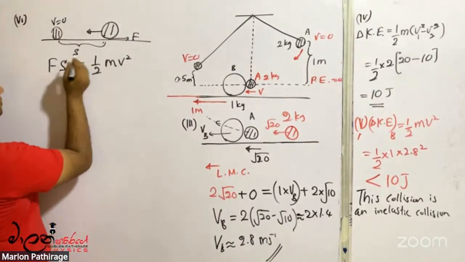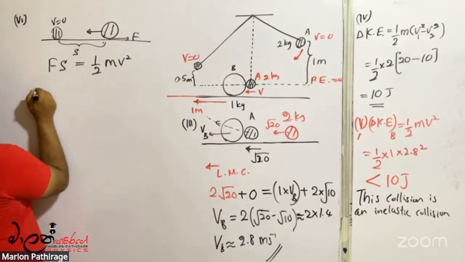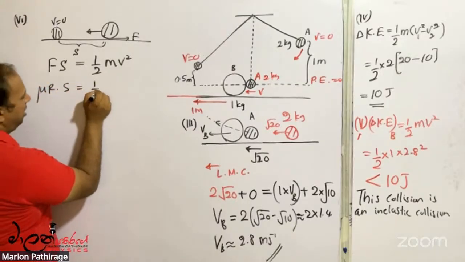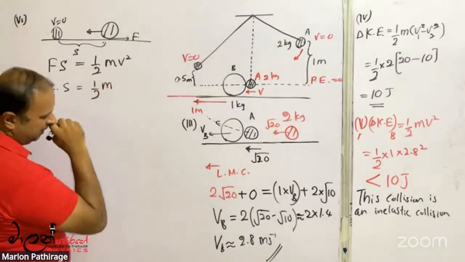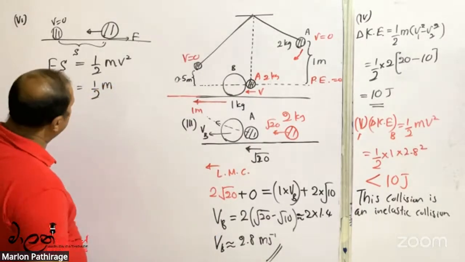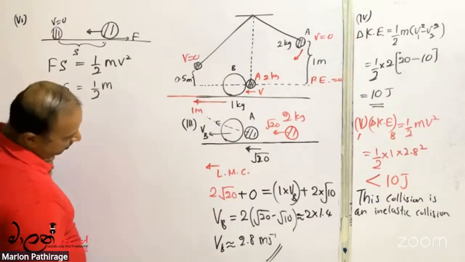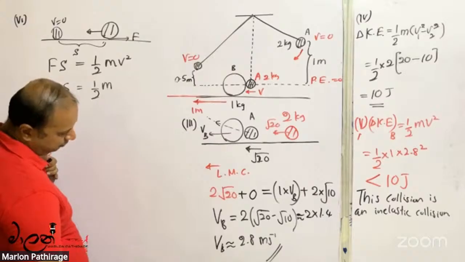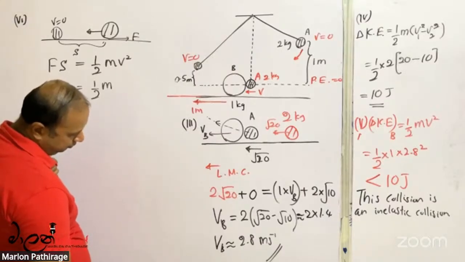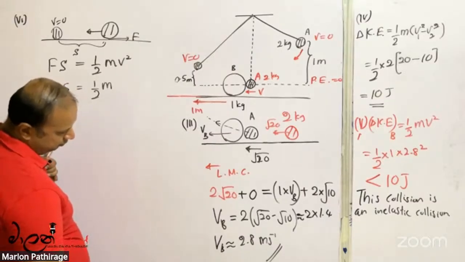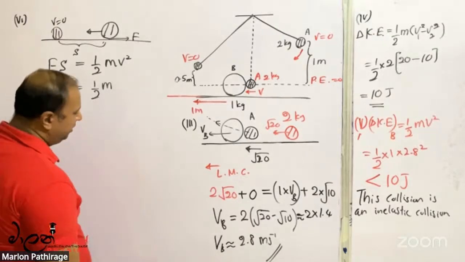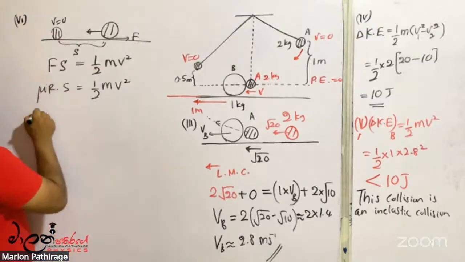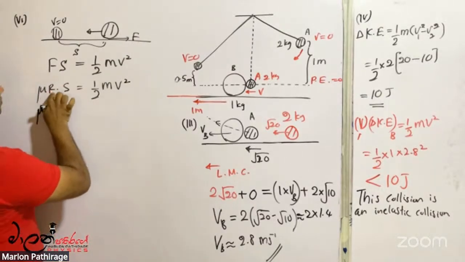Now friction force is mu R, sorry, mu R is equal to half mv squared.